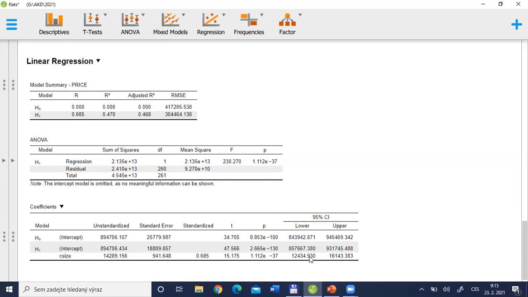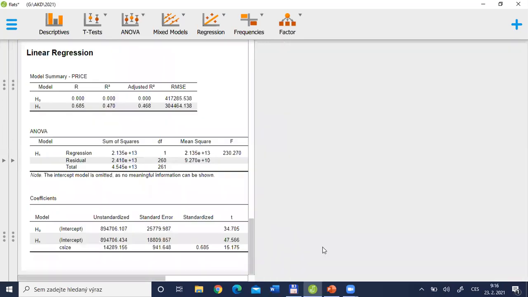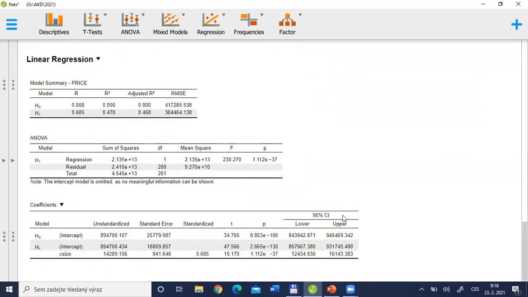Maybe more useful is the next approach for generalization of my result, which is the confidence interval, by default 95%. But if you like, you can change these settings in this confidence interval window. But what is the meaning of this 95% confidence interval? The real value for my sample is 14,300. The estimation of the so-called sampling error, the standard error, is 941.